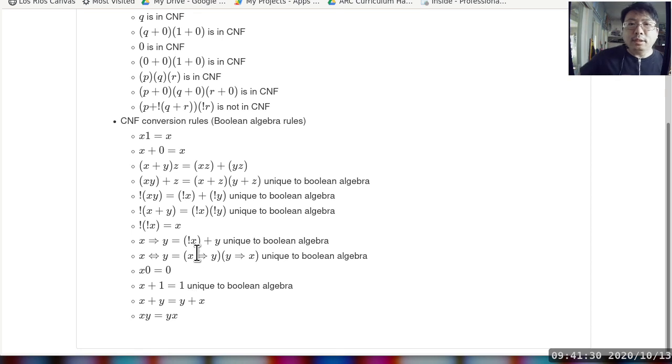So we can see that there are certain things here that are common between Boolean algebra and normal algebra, and certain things that are not common. I just want to point out the ones that are not common, so that you pay more attention to those things, because they're not usual. They are not something that you are familiar with.